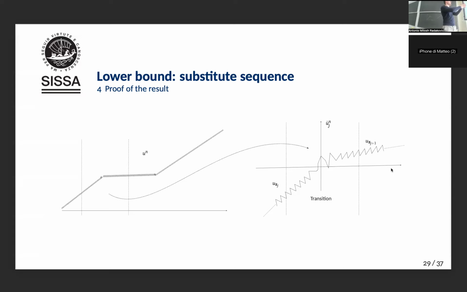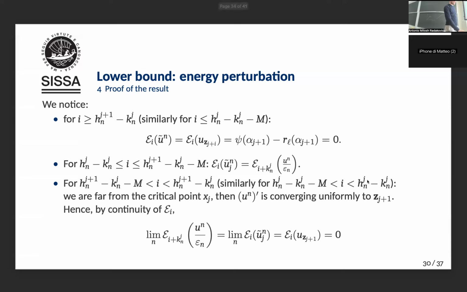We translate and rescale it properly so that we can get rid of the epsilon n. Now we need to extend the function to the whole integers. We extend it by simply attaching properly some function following the optimal oscillations. Adding this optimal oscillation is not a problem because one can see that for optimal oscillations, the energy density is 0.